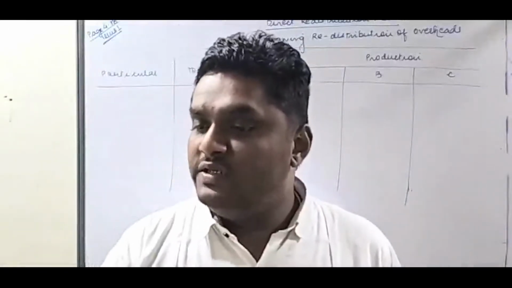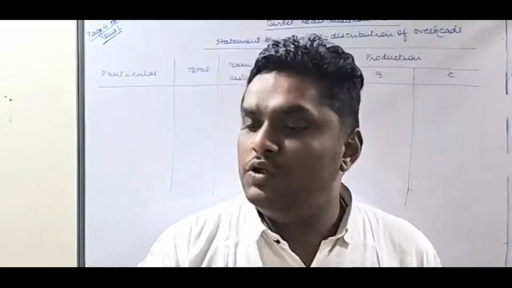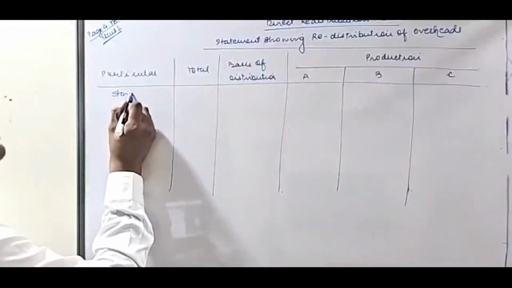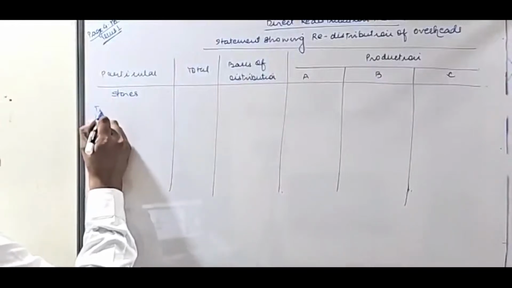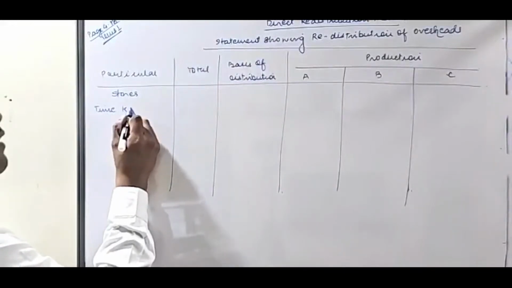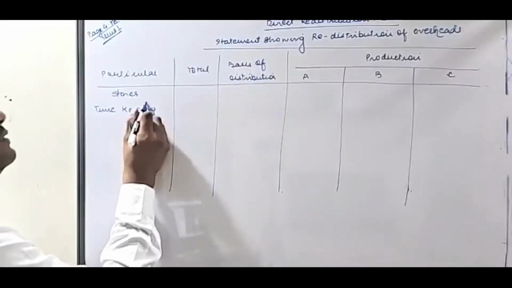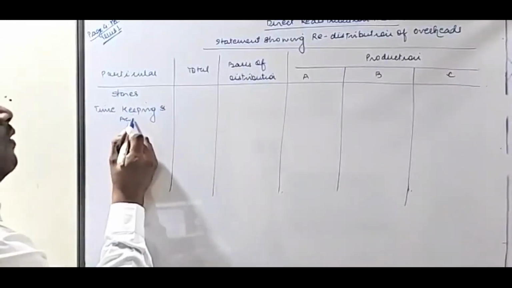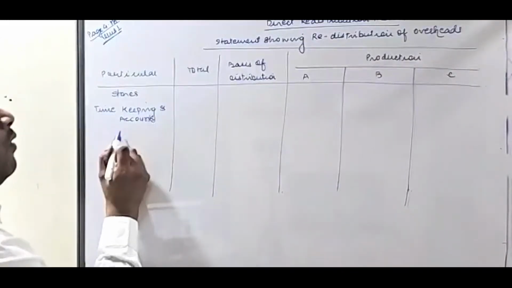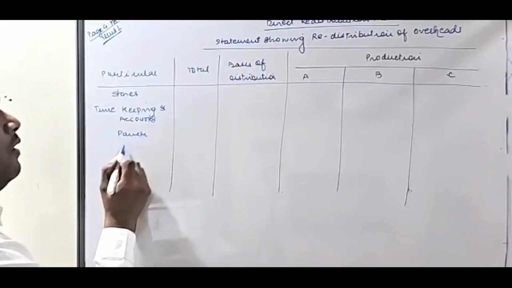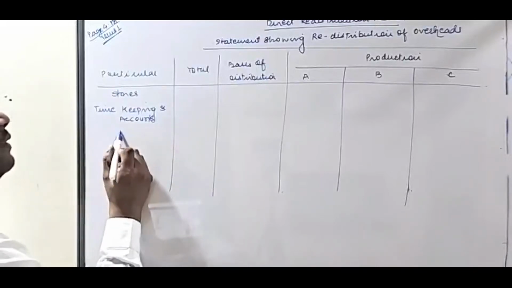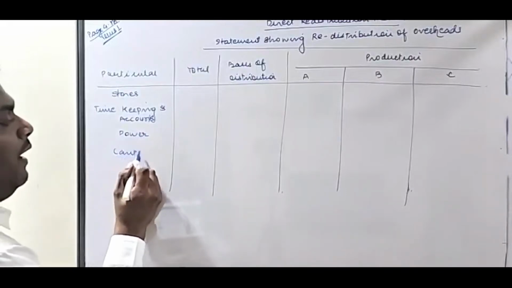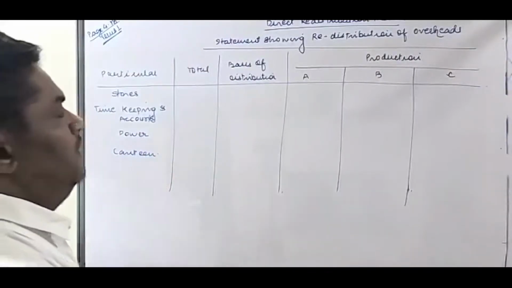So we have the overheads of the stores, timekeeping and accounts, power, and canteen.